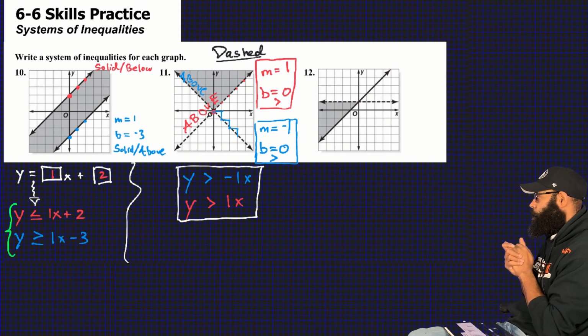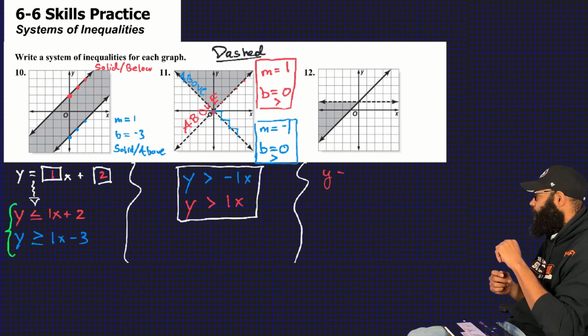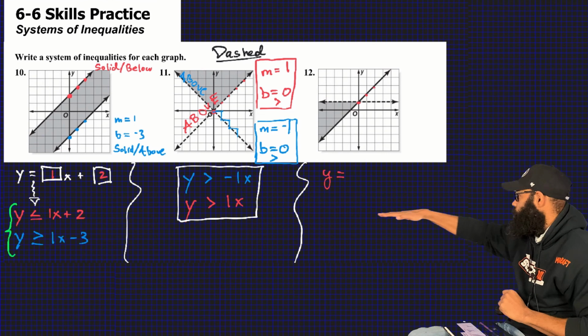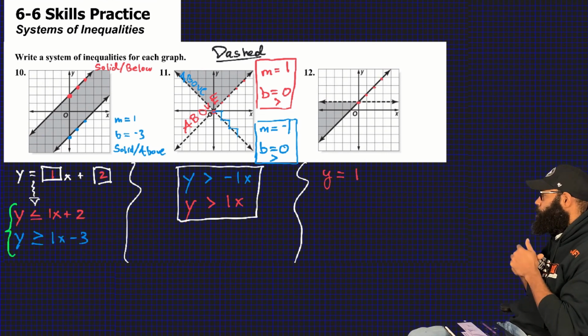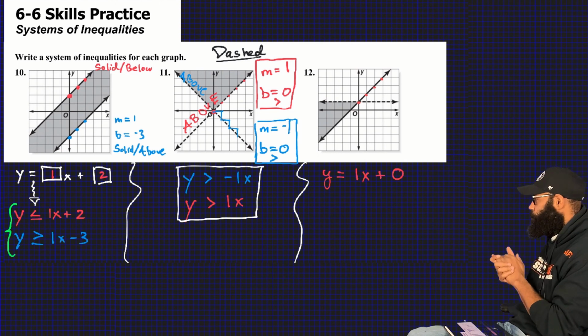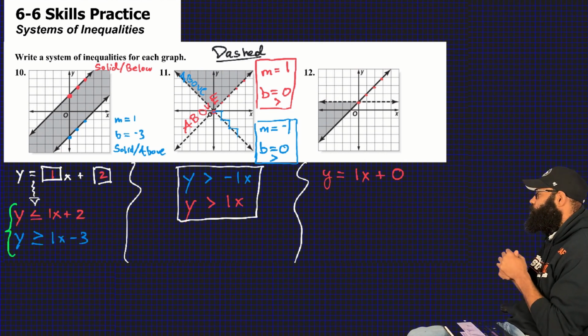So, and looks like 12, as we move on, has a single variable. Remember those? So, I got a dashed line, horizontal, going straight across, right? Straight across, dash, horizontal line. So, y equals, sorry, we're doing the other line first. Y is equal to 1x plus 0.